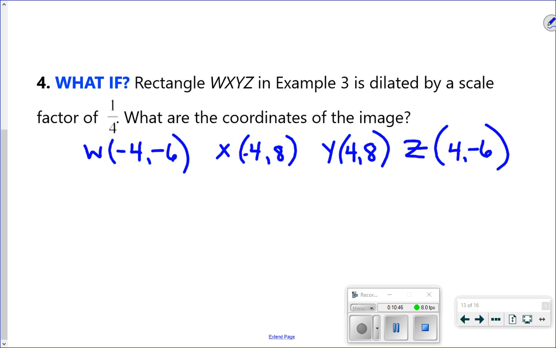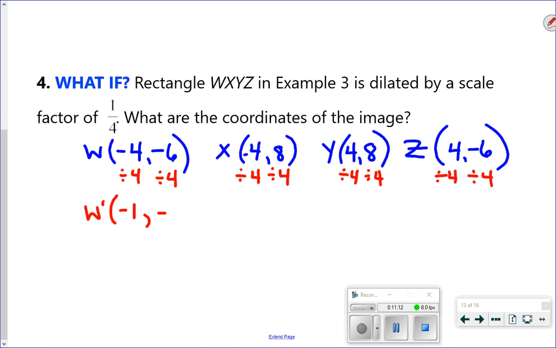All right, let's see if your answers are right. So scale factor of 1/4 means we're dividing by 4. So for each one of these things, I'm going to divide my value by 4 to get my new ordered pairs for my dilation. Okay, so for my copy of W, negative 4 divided by 4, that's negative 1. Negative 6 divided by 4, that's negative 1.5.